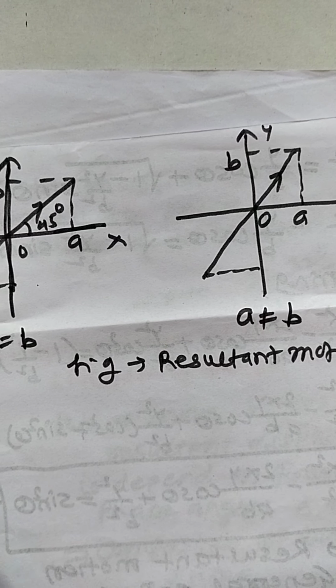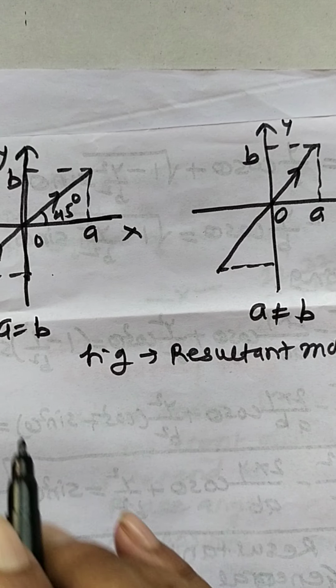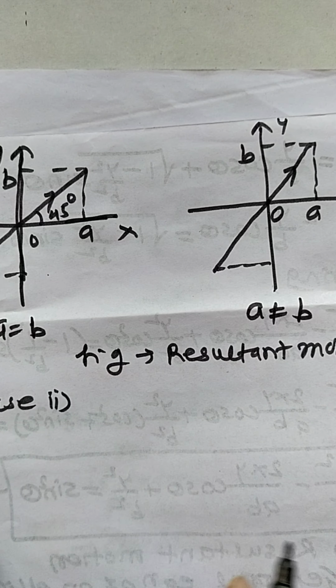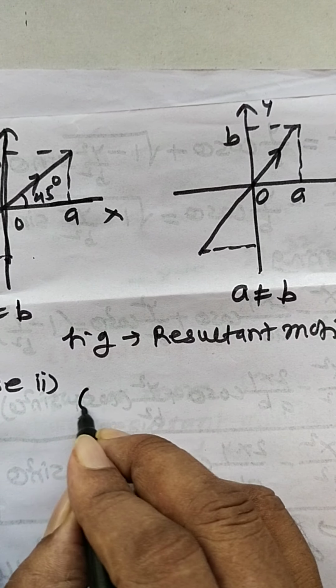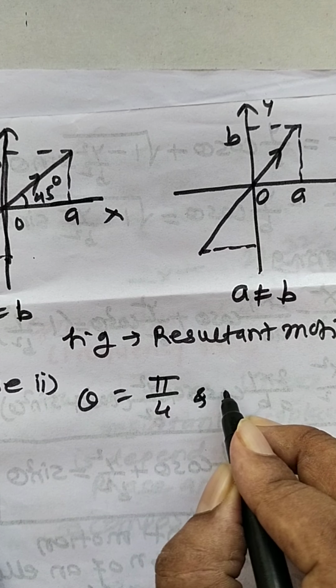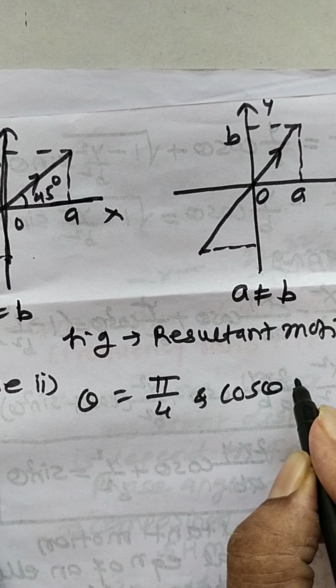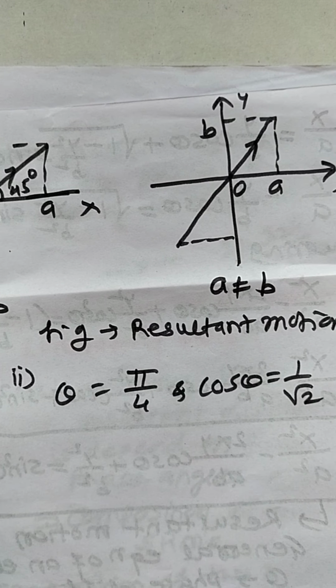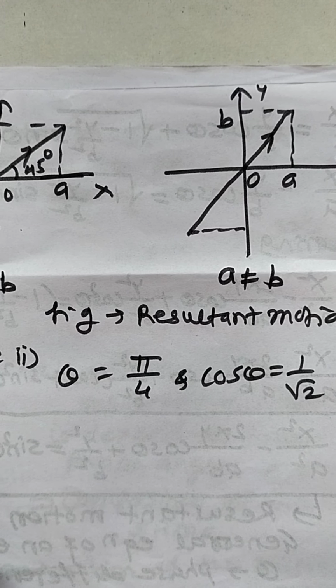Okay, this is case 1, then the second case. If theta is equal to pi by 4, then cos theta is equal to 1 upon root 2.